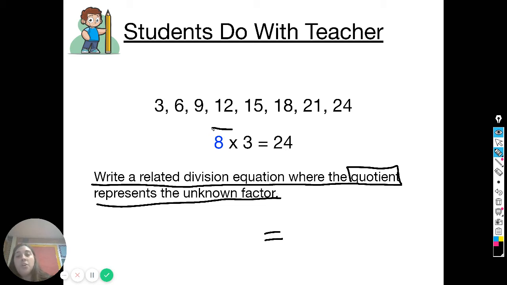Well, here's our unknown factor. We did not know 8 until we solved. So if they want the quotient to be the unknown factor, on your whiteboard, you're going to write 8 as the quotient. Remember, you're doing this with me.